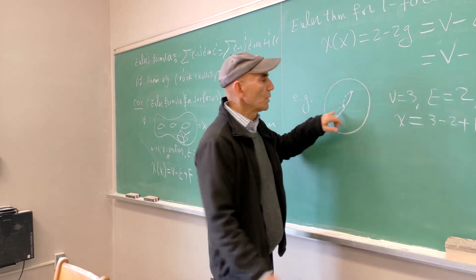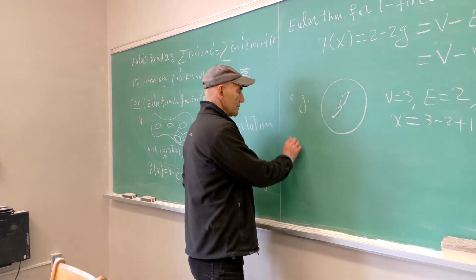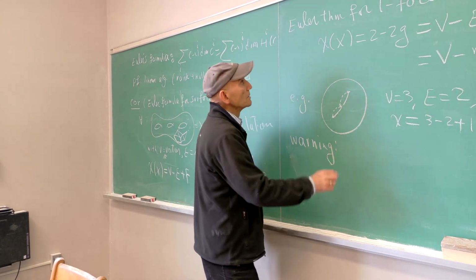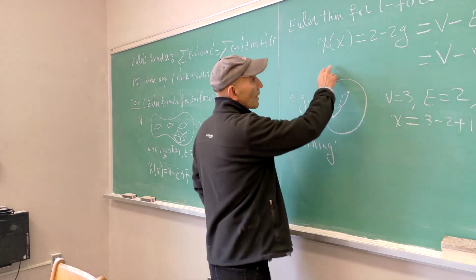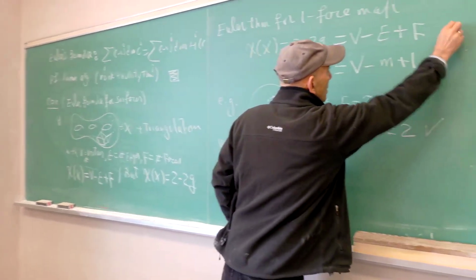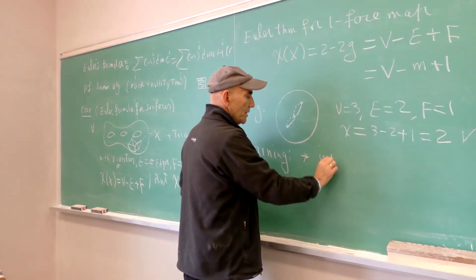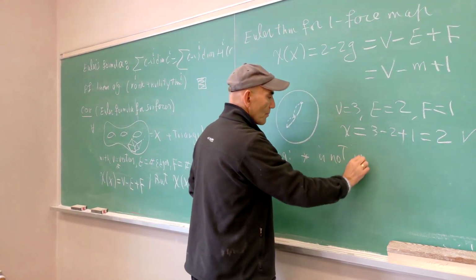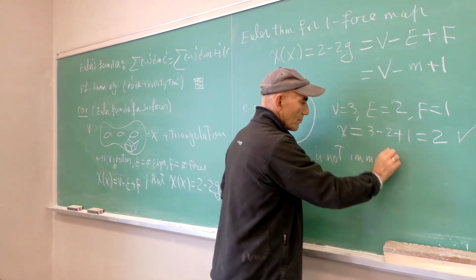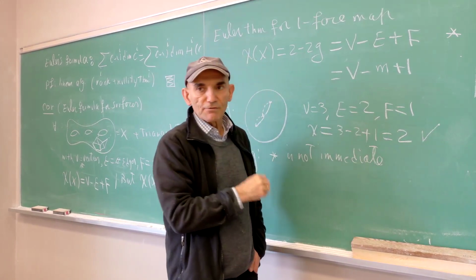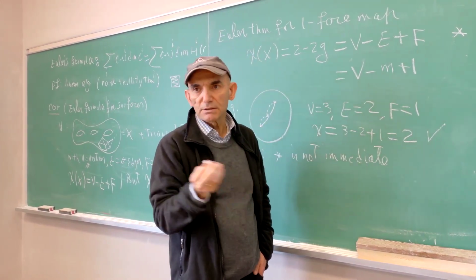Okay. So here is the warning: star is not immediate. It's not exactly Euler's formula, but it follows from that.